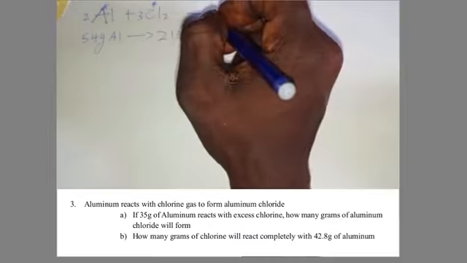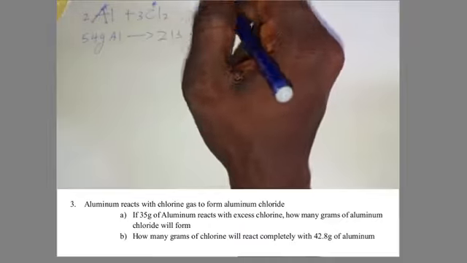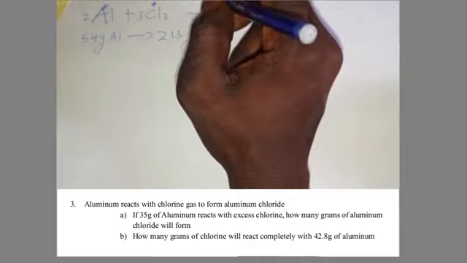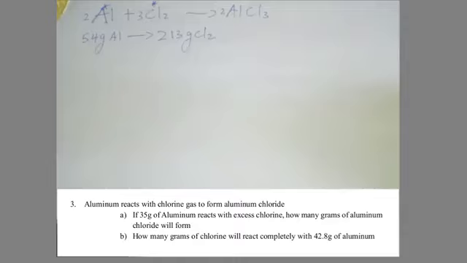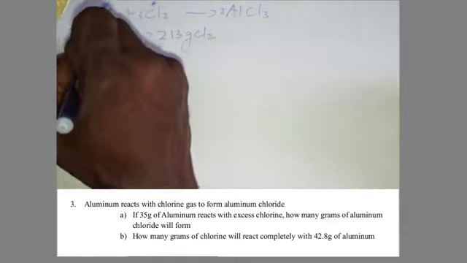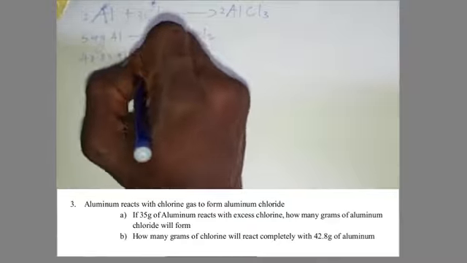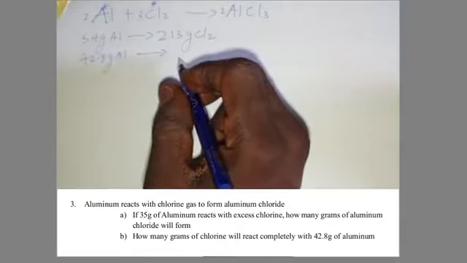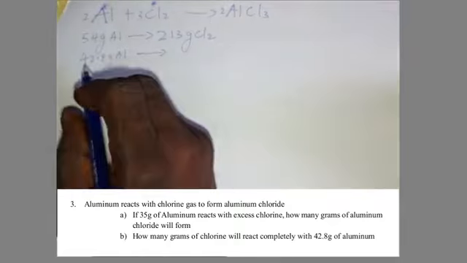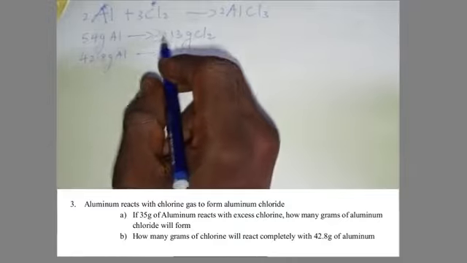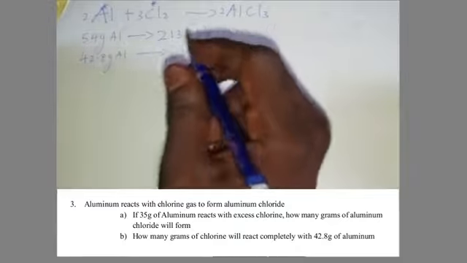The question is asking us, how many grams of chlorine will react with 42.8 grams of aluminum? So if you are given 42.8 grams of aluminum, how many grams of chlorine will react with that? We are going to cross multiply. 42.8 multiplied by 213 divided by 54.